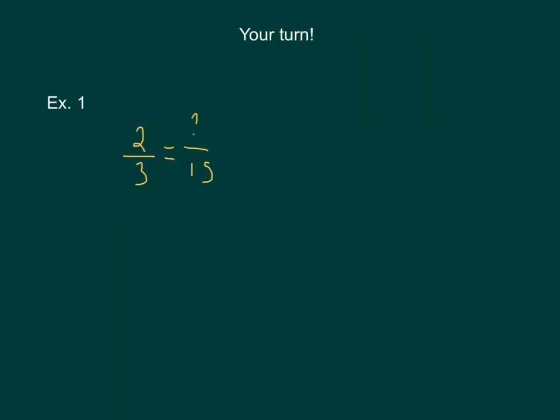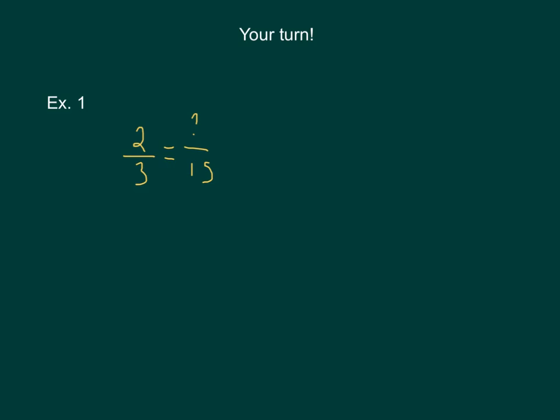Okay, so we have our first example, which is 2 over 3 equals something over 15. So what you can do right now is pause it, do the work for yourself, and then play when you want to see the solution. Alright, so the first thing we're going to do in this question is follow step 1, which says use multiplication or division to find the relationship between the known values.